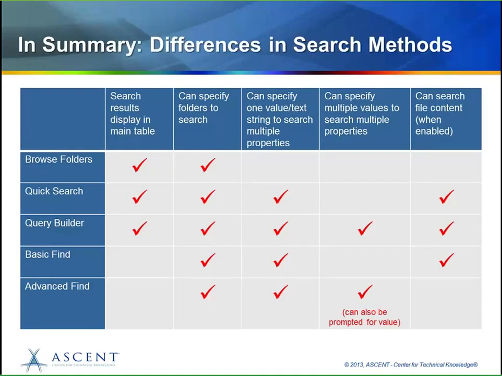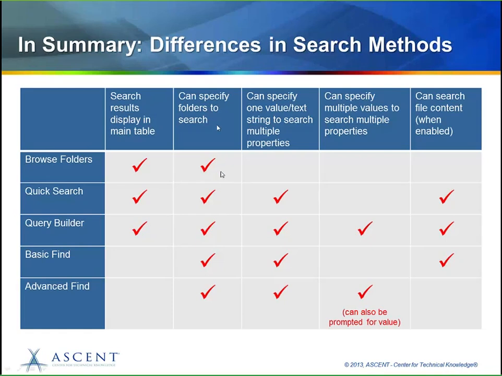So in summary, this table shows the differences in the search methods. Here on the left we have the different search methods, and up here are things like search results display in main table. Just recalling, browse folders, quick search, query builder, those were shown in the main table. So if that's what you want, probably a good idea to use those three.